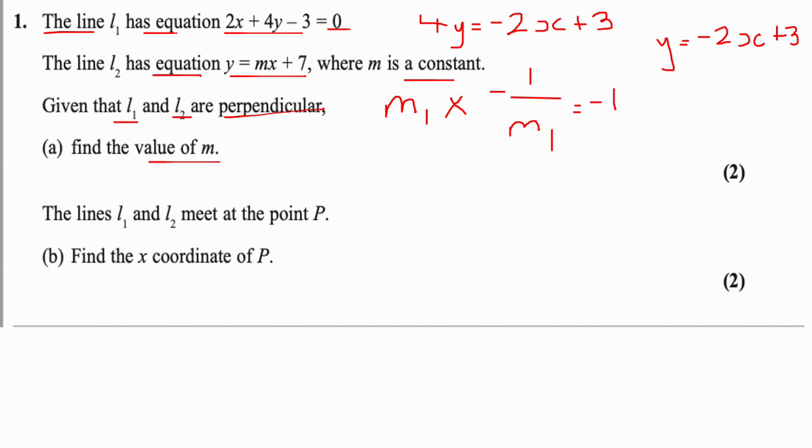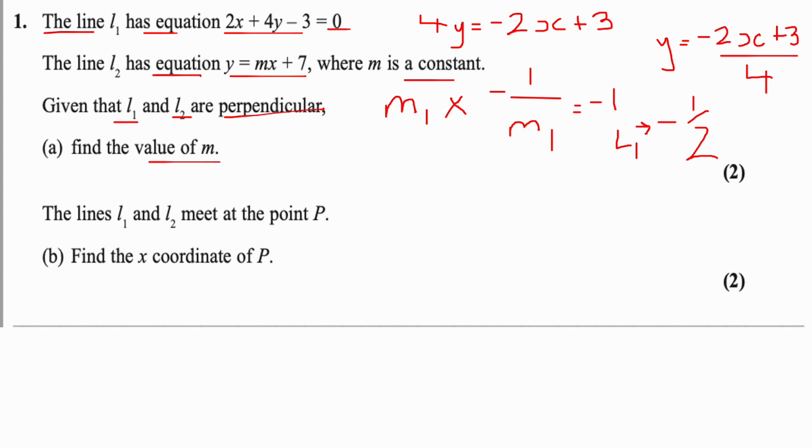So the gradient of L1 is the coefficient of x, the number or fraction in front of the x. I've got minus 2/4, which is the same as minus a half. So the gradient of L1 is equal to -1/2.